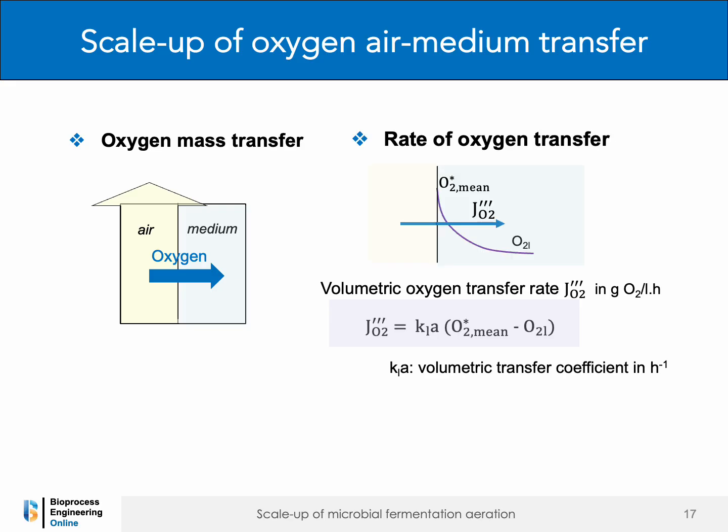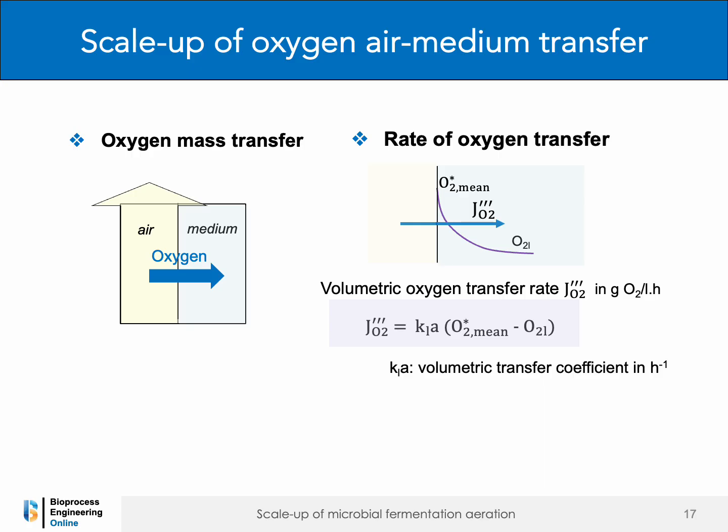The volumetric oxygen transfer rate, JO2, in gram oxygen per liter per hour from the gas phase to the liquid medium is described by the classical mass transfer equation, JO2 equals KLA times (O2 star mean minus O2L), where KLA, in hour to the minus 1, is the volumetric oxygen transfer coefficient equal to the product of the liquid side mass transfer coefficient, KL, and the specific interfacial gas-liquid area A. O2 star mean is the mean oxygen solubility concentration at the gas-liquid interface in the fermenter.